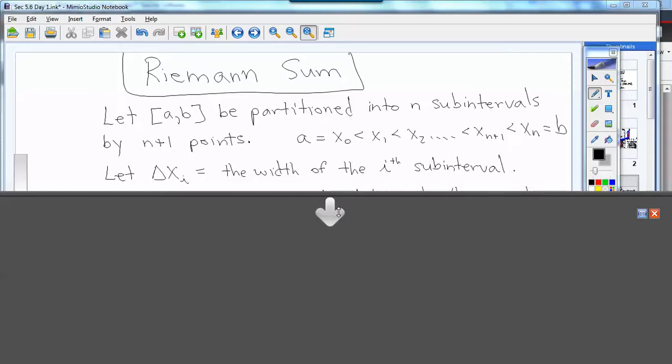It'll just be delta x. Because why? What was the width of the first subinterval in that last problem? 1. What was the next subinterval? 1. We're going to do equal widths and divide it up so every subinterval is the same. But what this is saying is we wouldn't have to. We could have a skinny rectangle, then a fat rectangle, then a medium-sized rectangle. Goldilocks. Okay, all right.